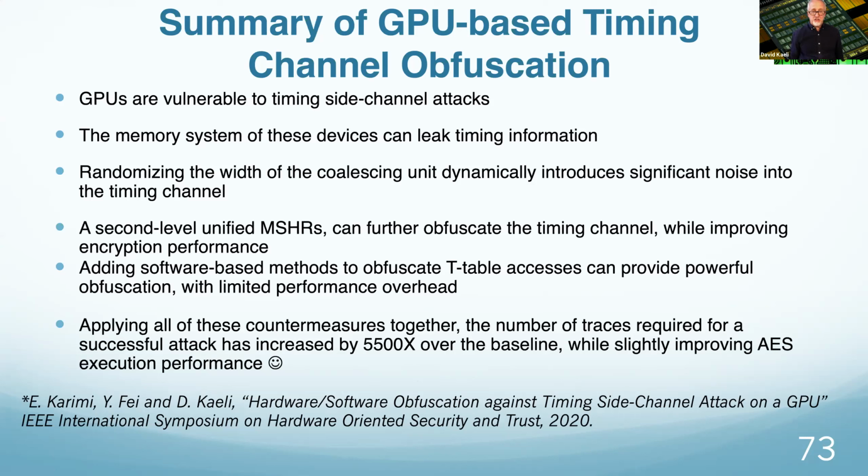A second level of MSHRs can further obfuscate the timing channel, and adding software-based methods to do table rotation gives you further benefits. And again, we can increase the number of traces required by 55,000x over the baseline.